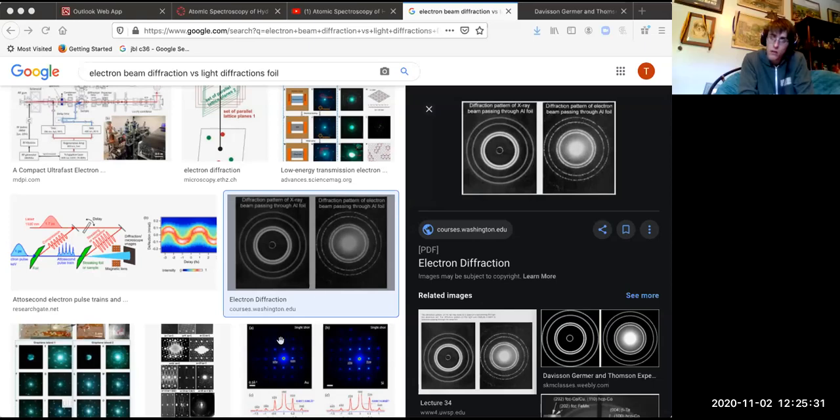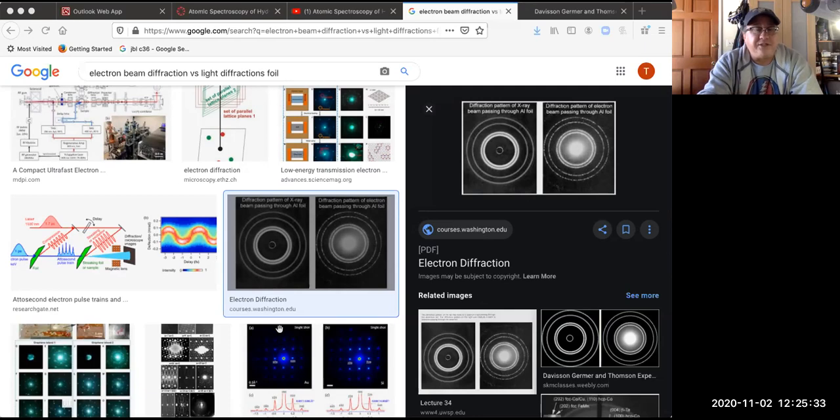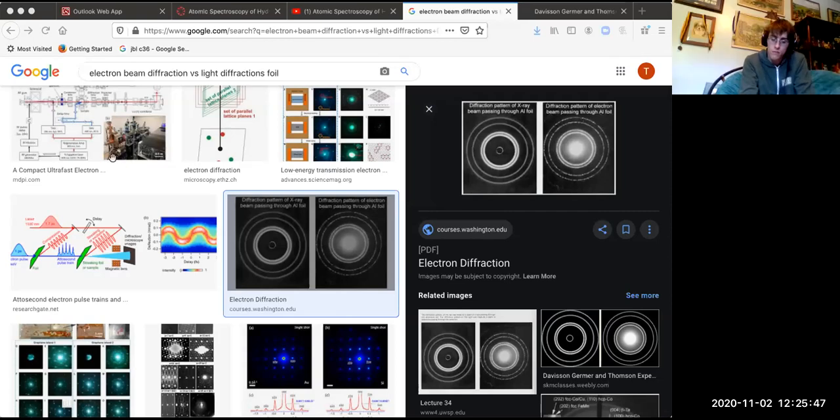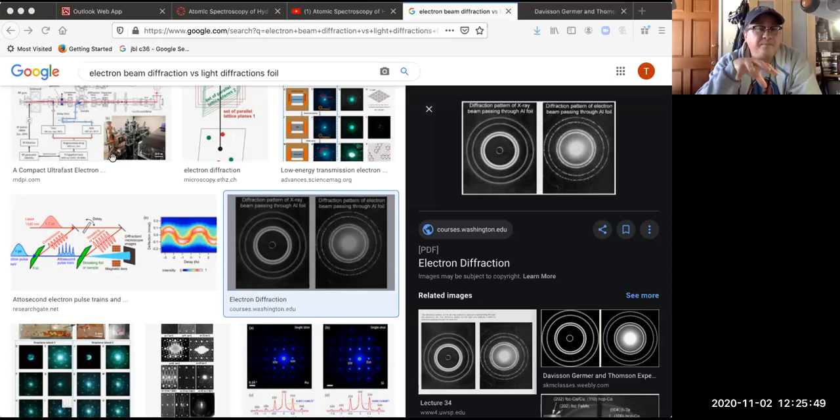Okay, so here, these are the real things. These are not simulations. And you can see they look remarkably alike. And so here, the idea is if these look remarkably alike, then if we're going to treat X-rays like they are waves, then maybe we can treat electrons like they are waves.